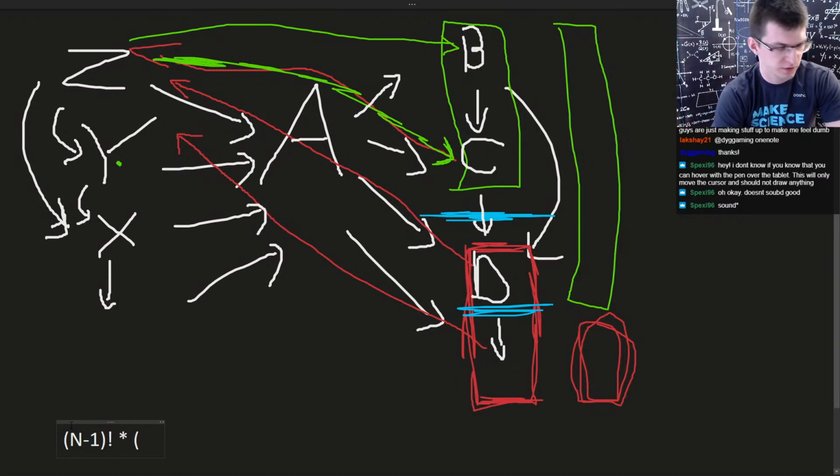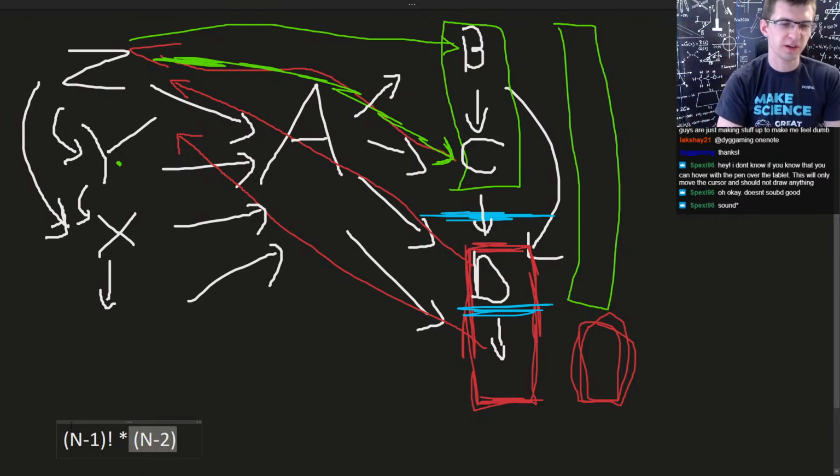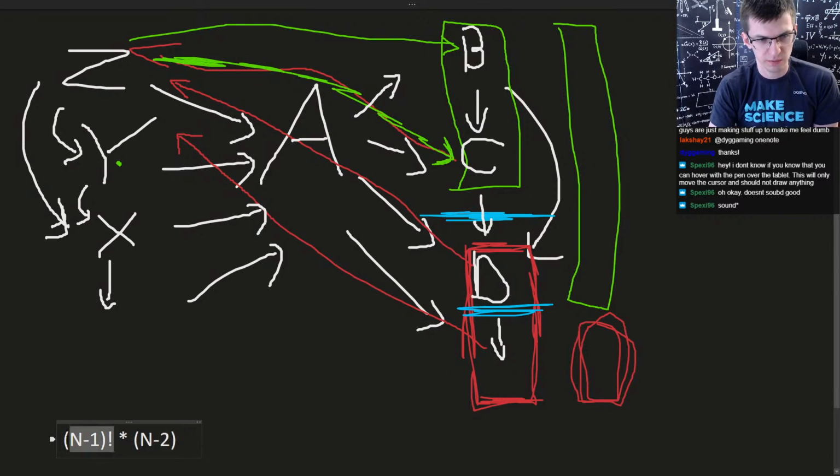And the number of ways for that is n-2. If you have the sequence of n-1 elements, this is the number of ways to split them into two non-empty sequences. And this is the number of ways to order them.